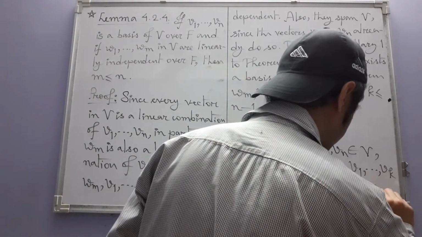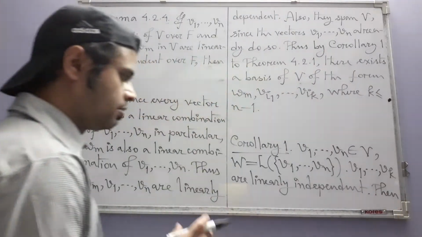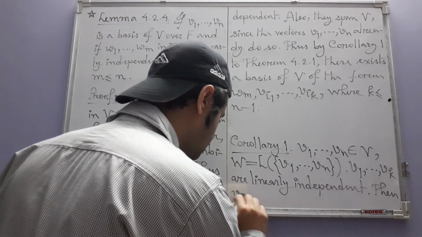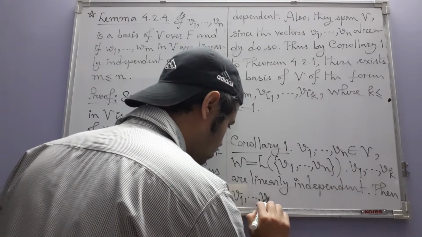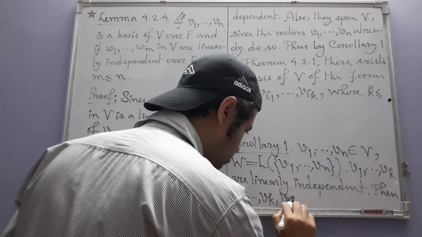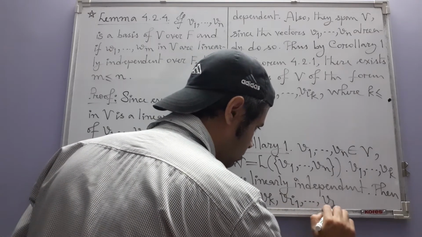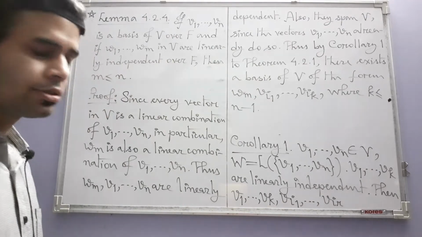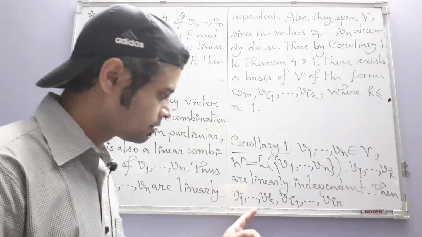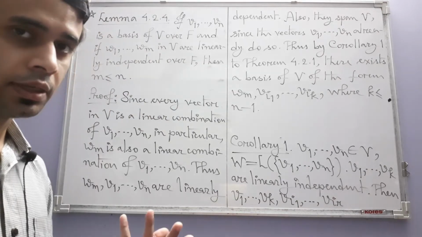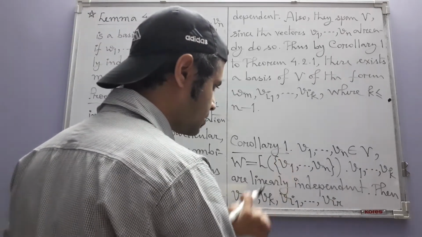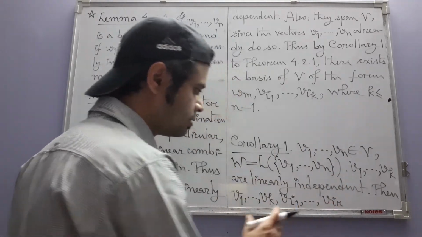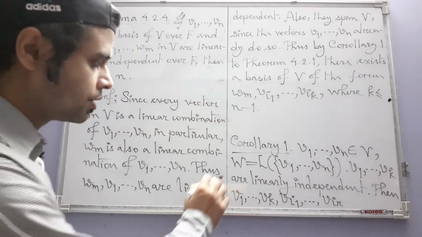Then there exists a set of vectors which looks like this that also spans W and consists of linearly independent vectors. In other words, there exists a subset of this set of vectors in V which looks like this and which forms a basis for W.